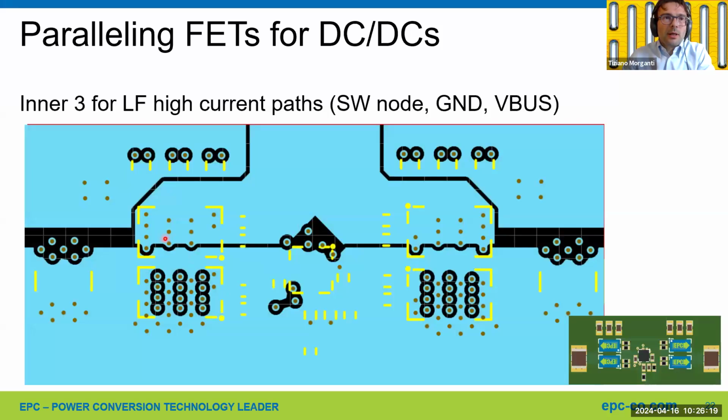So you can see here the switching node is collected in this area, so the inductor will be around here, and you can also distribute the ground and VBUS on inner layer 3. So you can see the source terminal of the high side device on the left leg is connected to the other source terminals only in layer 3.